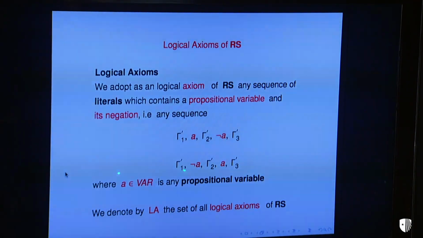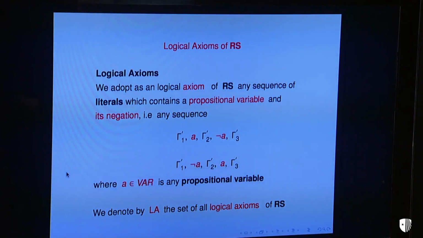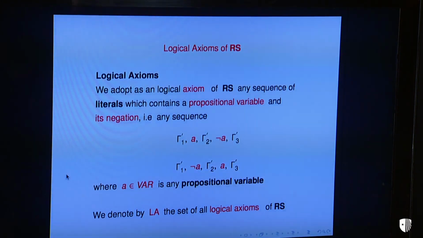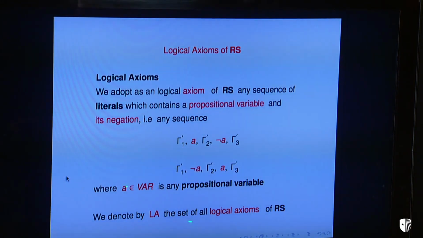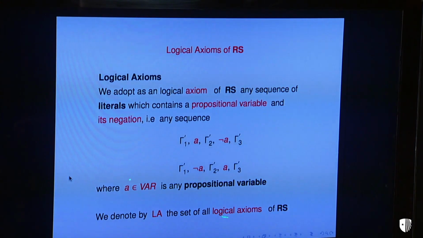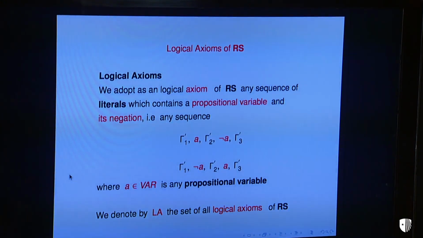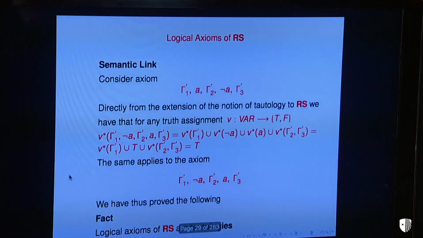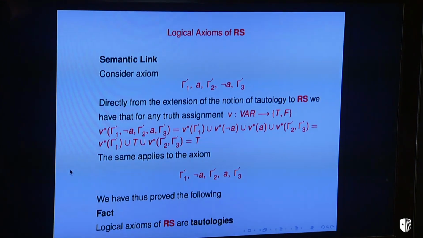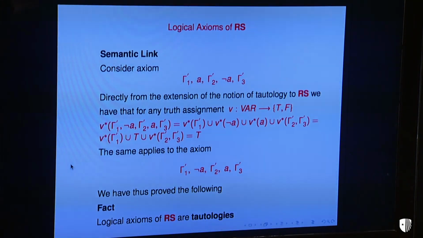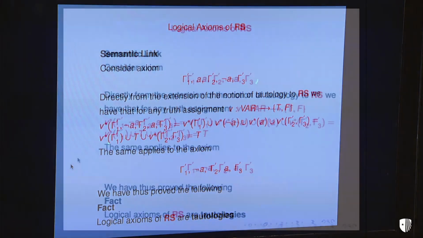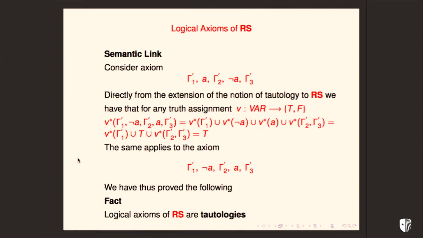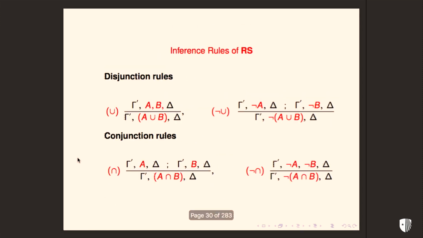And again, A, I like the letter A, could be P, Q, I1, whatever, any propositional variable. So really it's an infinite schema of axioms. And of course, using the semantics, you can evaluate that this is always true. So all the axioms are tautologies.